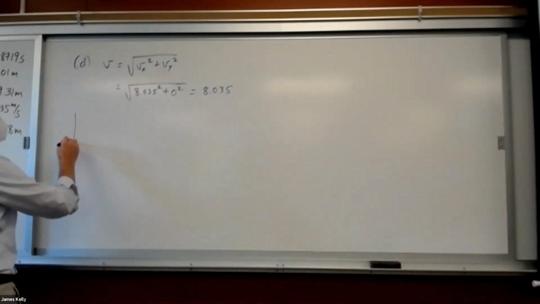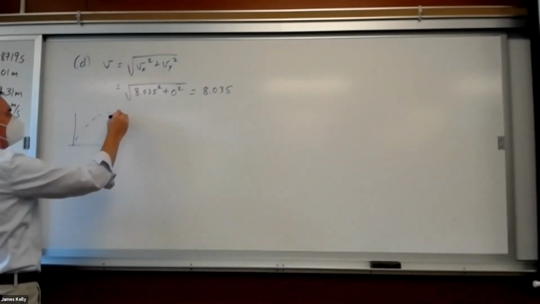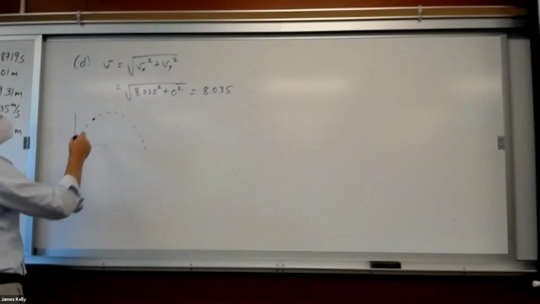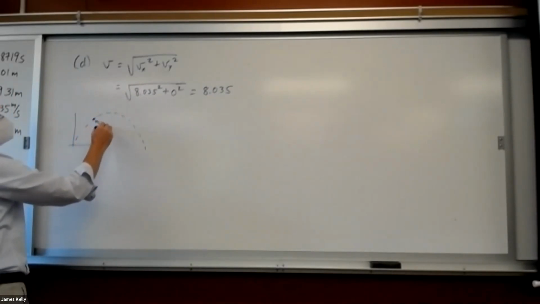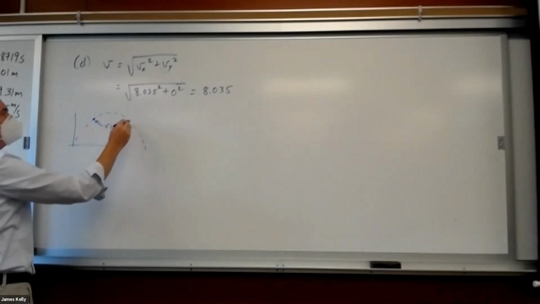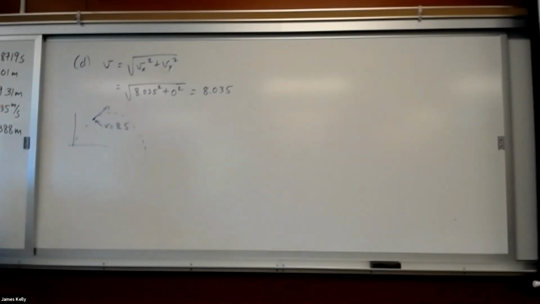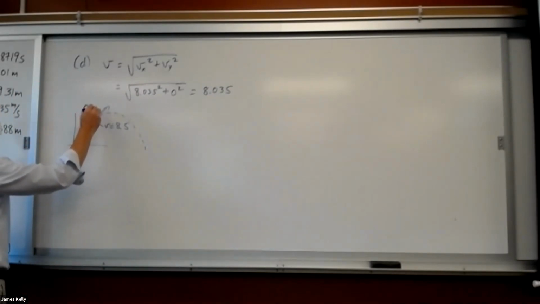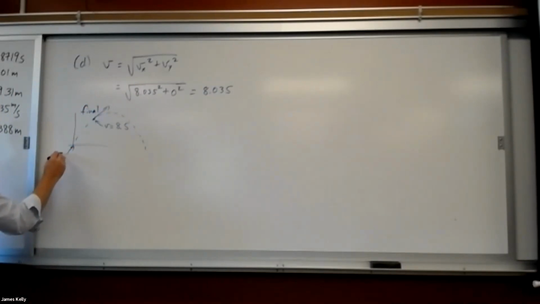The walnut, again, not a realistic drawing here, goes up and down. And here is where its speed is 8.5 meters per second. It's still partially heading up. That's going to be my final, and my initial is still going to be here.